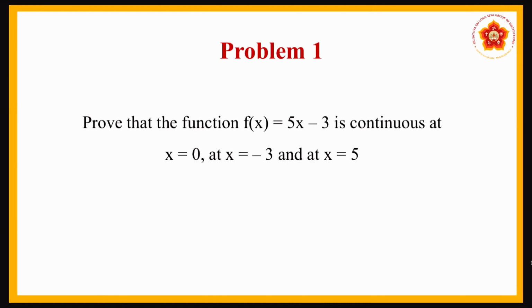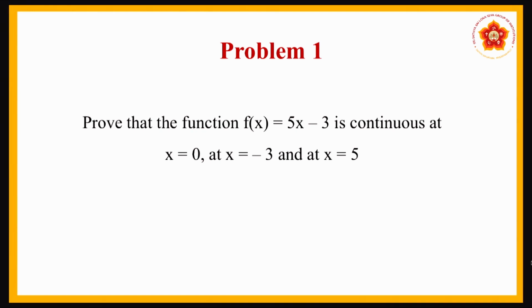What is the problem? Function is 5x minus 3. He is asking to prove that this function is continuous at 0, at minus 3 and also at 5. That is, x equal to 0, x equal to minus 3 and x equal to 5.